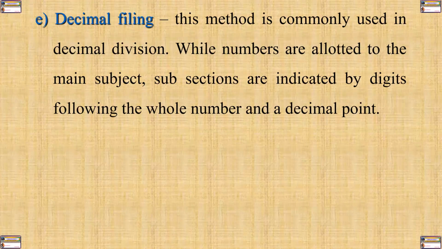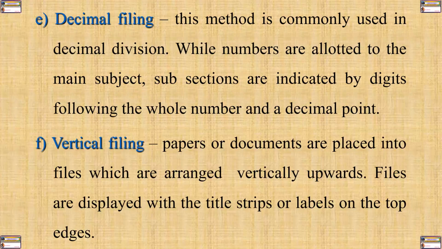Decimal filing is a method that is commonly used in decimal division, where numbers are allotted to the main subject, and subsections are indicated by digits following the whole number and a decimal point. The sixth one is called vertical filing.